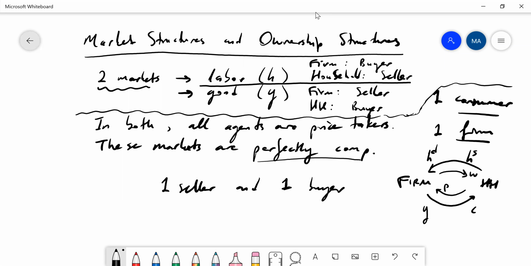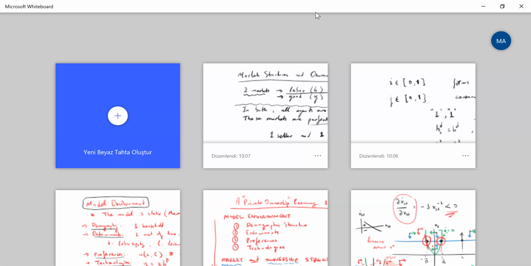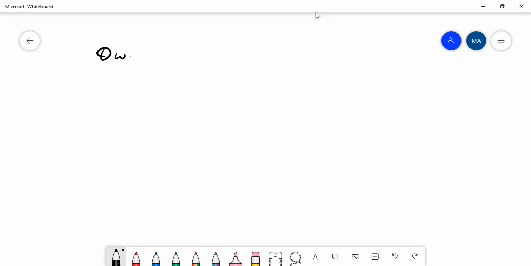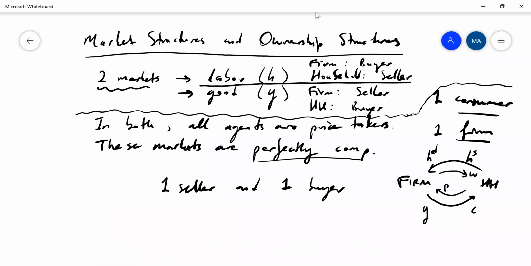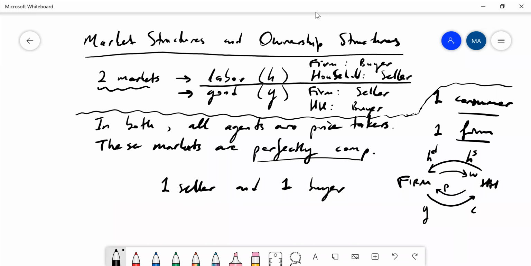Okay. Now the ownership we should also discuss. Oh, by the way, we should also say this. Yes. So there is this price level, okay, and there is this wage level. All right. So these are the two prices. Why do we have two prices? Because we have two markets. Okay. With two markets, we must have two prices.